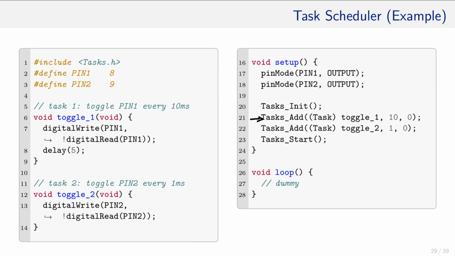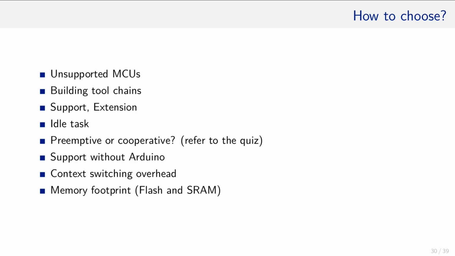If the second parameter is set to 0, the task will execute only once. In the original implementation, at maximum 8 tasks are supported, but this can be modified in tasks.h. There is no end to this chapter in discussing the advantages and disadvantages of schedulers available for the AVR architecture.